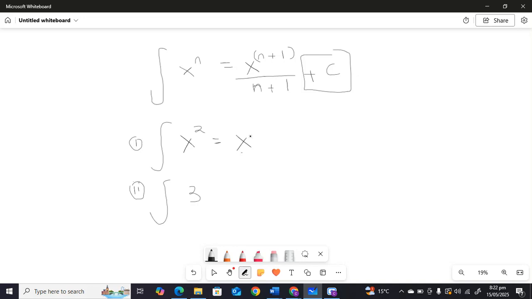power. As I'm explaining for the others, others can try to integrate these 3 down here. So it's x to the power 2. Then you're going to add a 1. Then what you do with the power, you do it in the denominator. So here you have 2 plus 1.